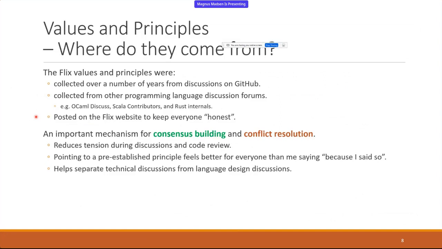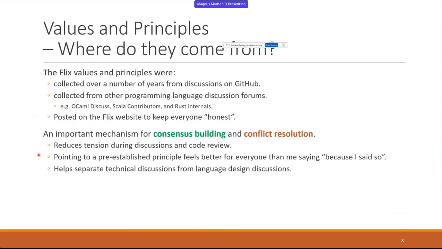The purpose they really serve today is as a mechanism for what I think of as consensus building and conflict resolution. For example, let's say there is a feature request and someone has made a pull request with some new code, and we do code review. Well, when giving feedback, I have found it to be much more useful to be able to point to some principles, saying, this is what we want the language to be, and maybe this code has to change to satisfy that.